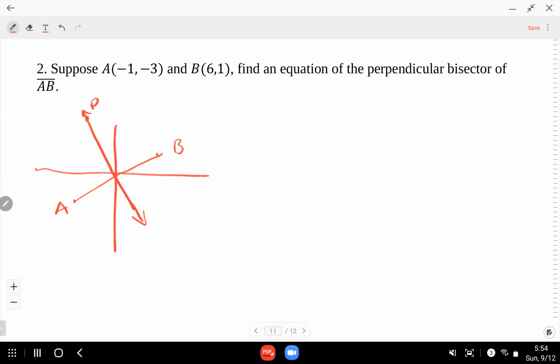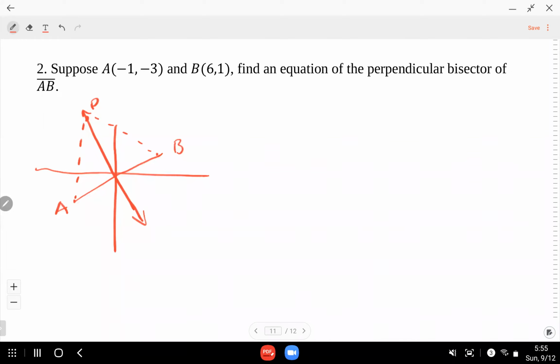All right, so what we need to do is make a triangle, right? Well, for the equation of the perpendicular bisector, we just need to find the point P. Okay?